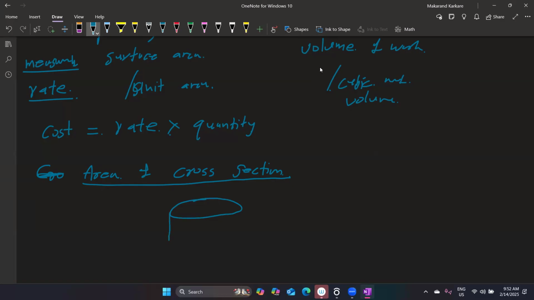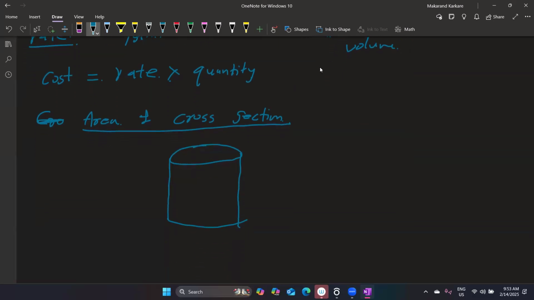So if I have, let's say, a cylinder, and I take a cut across the cylinder, what will be the shape of the newly exposed surface area?